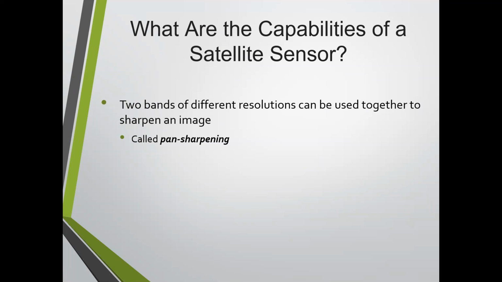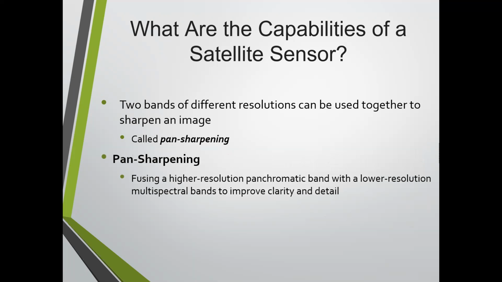We've already talked about the term panchromatic, and pan basically means all or everything. So when we talk about pan sharpening, what we're doing is fusing higher resolution panchromatic band data with lower resolution multispectral band data to improve your clarity. Remember, panchromatic is basically visible light waves.